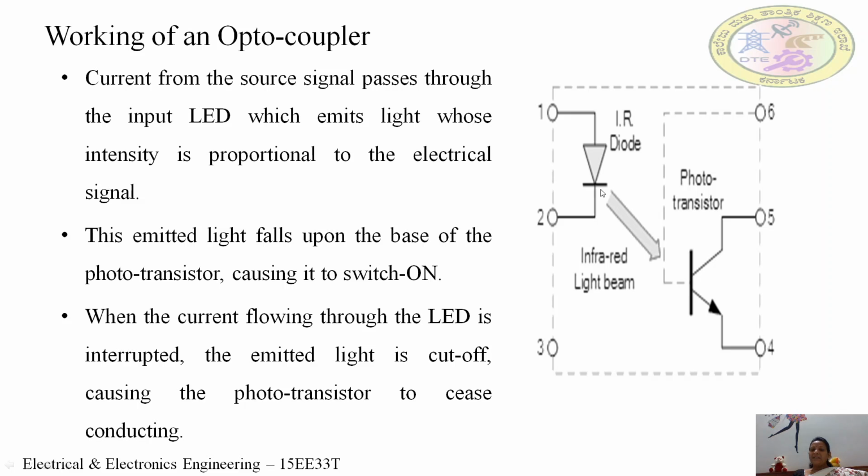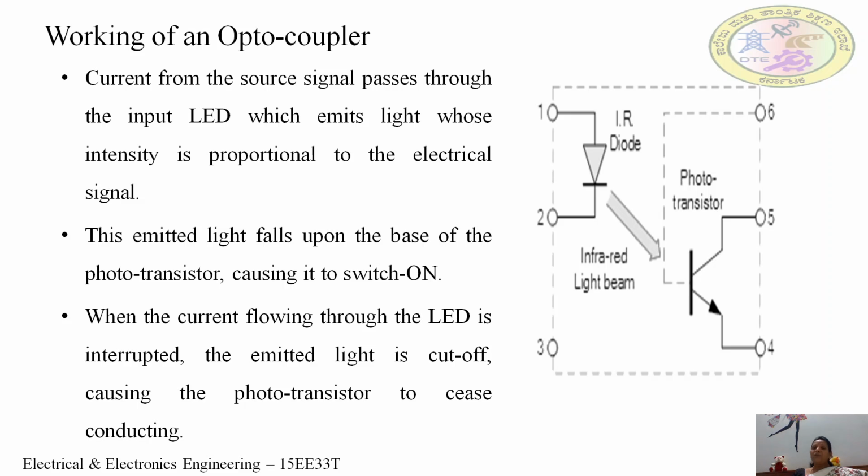So when the light emitted by the LED falls upon the base of the phototransistor, current flows from the collector to the emitter. So there will be current flow between the collector and the emitter. So when the current flowing through the LED is interrupted or stopped, that is, when the current from the signal stops flowing through the LED, the emitted light is cut off.